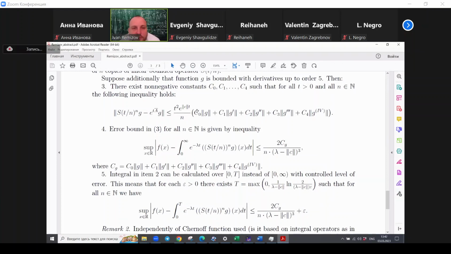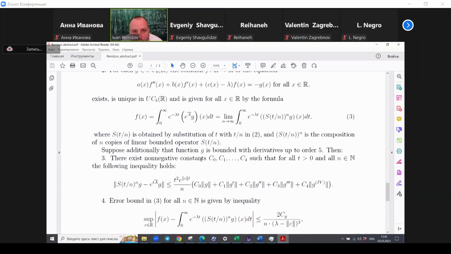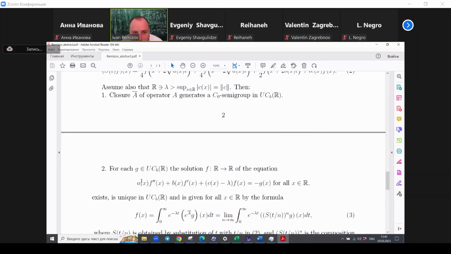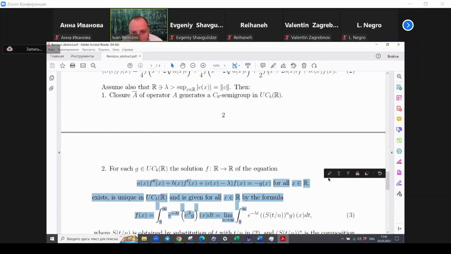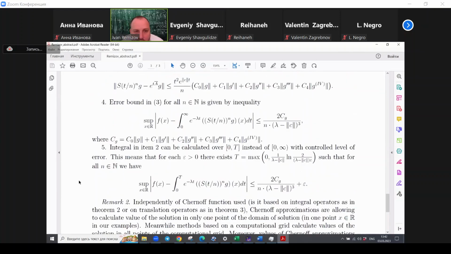Here we have a general fact about the speed of Chernoff approximations of the semigroup, and here we infer from it the speed of convergence of Chernoff approximations to the solution of this equation. So this is well prepared for the numerics.